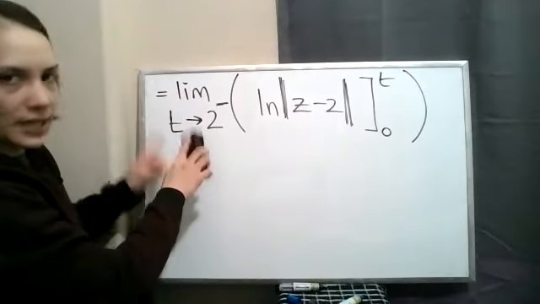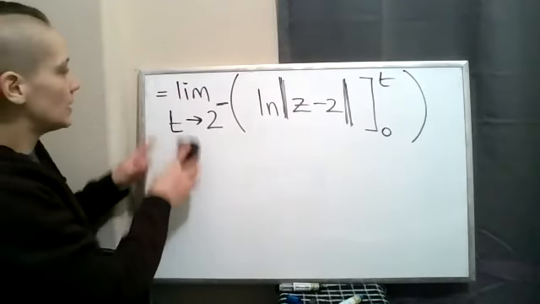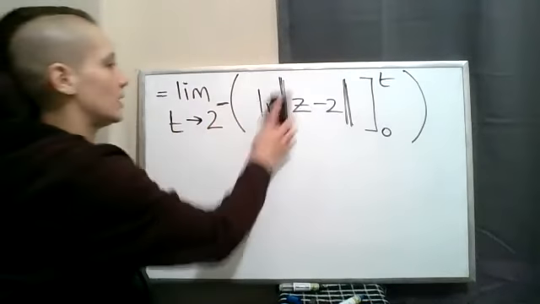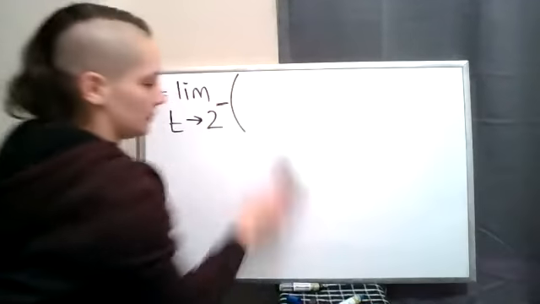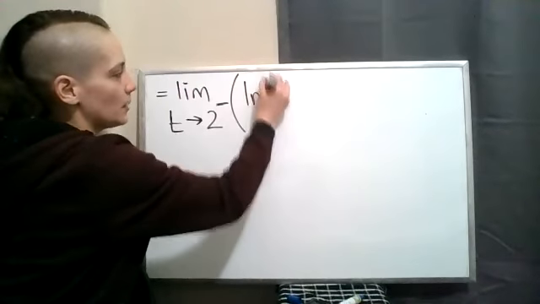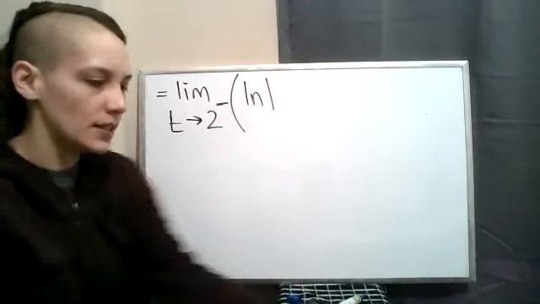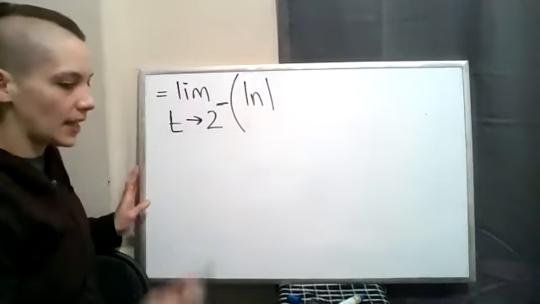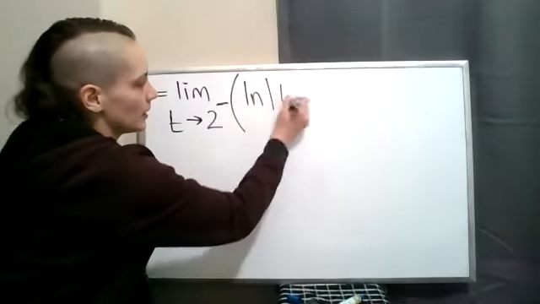Okay, so we take that part, have it equal to the limit as t goes to 2 from the left of ln absolute value of t minus 2, subtract ln absolute value of negative 2.